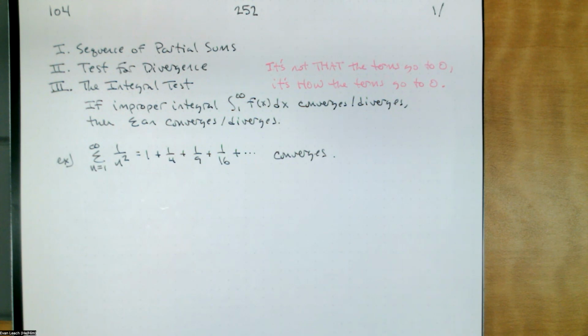So the question now, moving forward, when we're looking at convergence of series, is how do these terms go to zero? Because those are the ones that we care about. Those are the ones that might converge or might diverge. If the terms don't go to zero, we are done. That is a divergent series. So we really want to focus on how the terms go to zero.